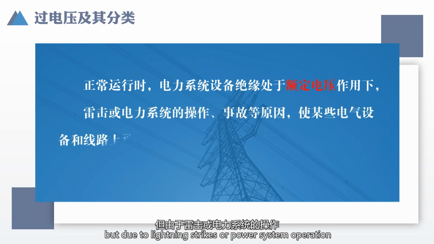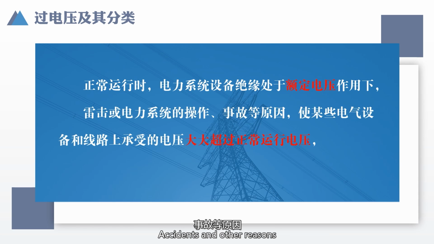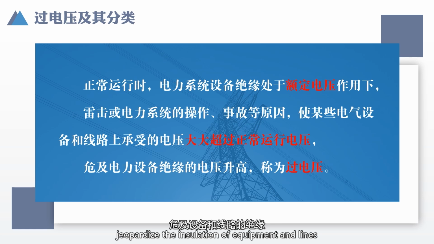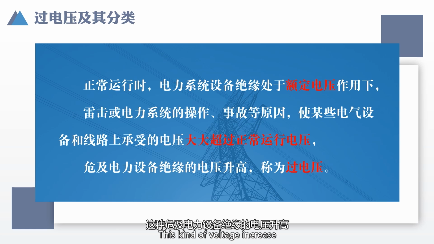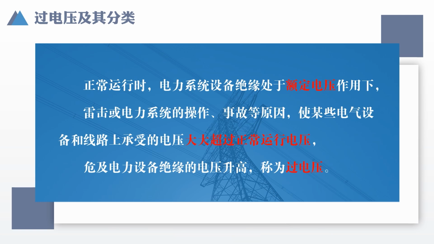But due to lightning strikes, power system operation, accidents, and other reasons, some electrical equipment and circuits are subjected to a voltage much higher than the normal operating voltage, jeopardizing the insulation of equipment and lines. In the power system, this kind of voltage increase that jeopardizes the insulation of electric equipment is called overvoltage.